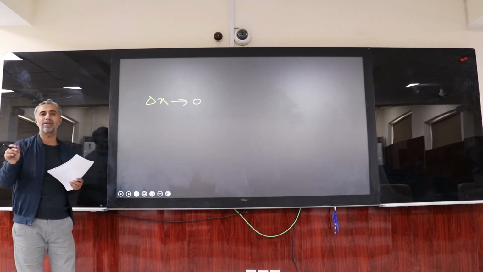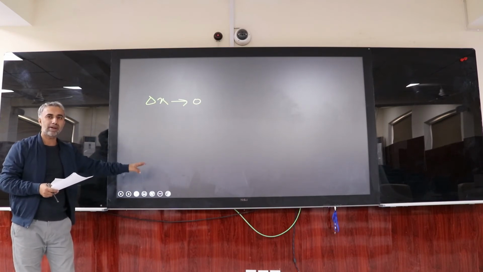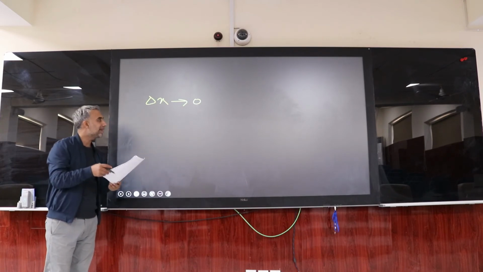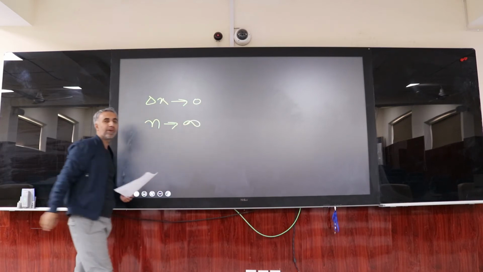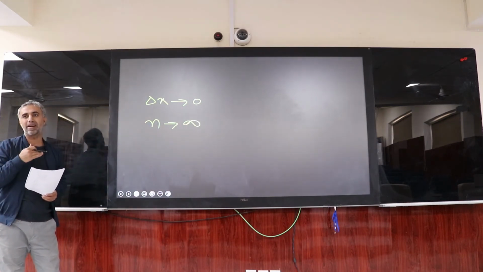Even when there is some vibration, the car is in running position, but approaching 0, you are controlling it. So not exactly 0, and somewhere you will notice n approaches an infinite value. I will explain what this term infinite means.